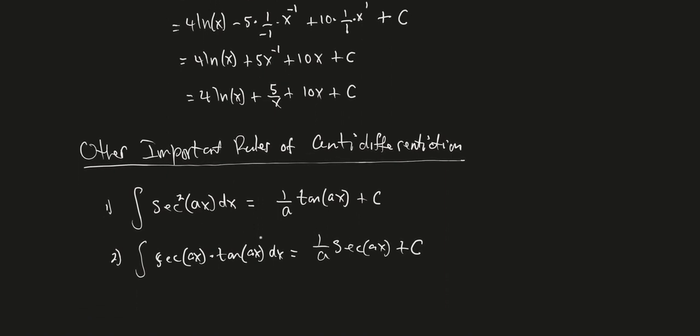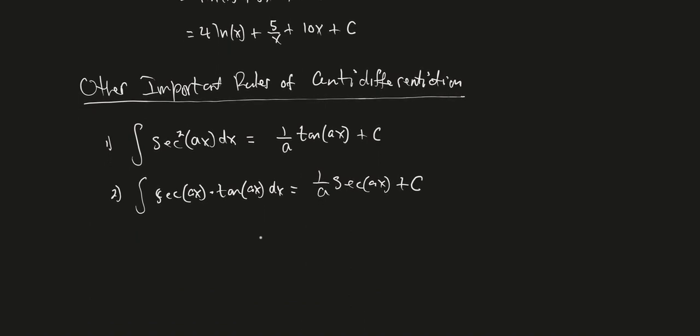The other two that I want to state, or I guess three, have to do with the inverse trig functions. And these are three that are really useful. So if you have the antiderivative of 1 over a squared plus x squared dx, this one is the famous arctangent.